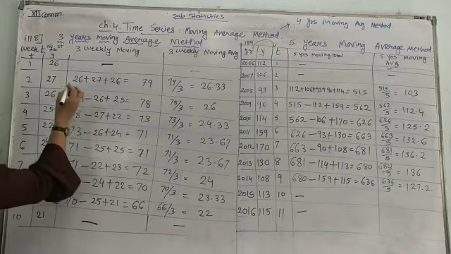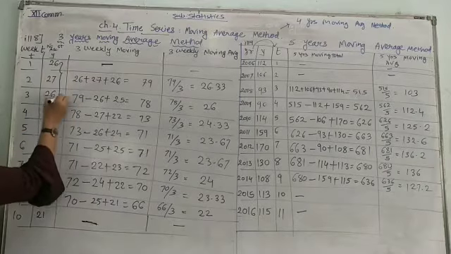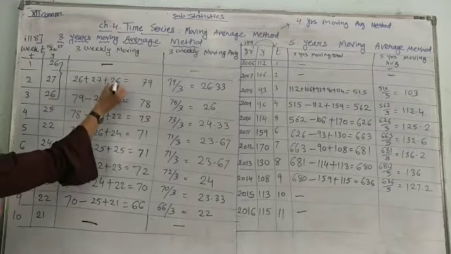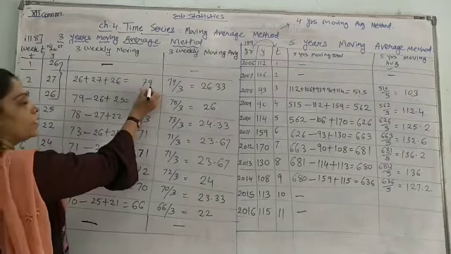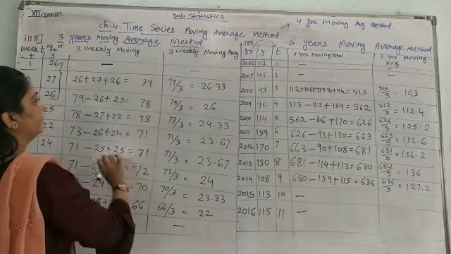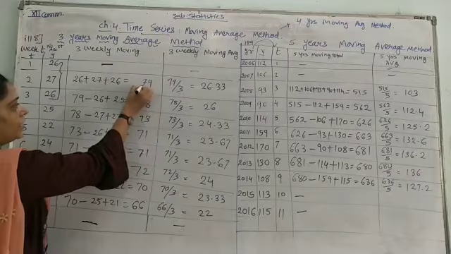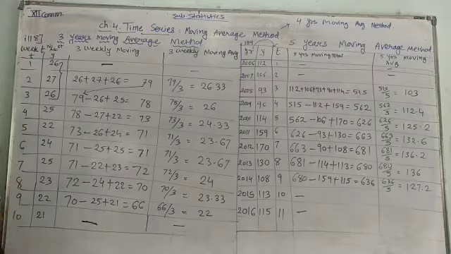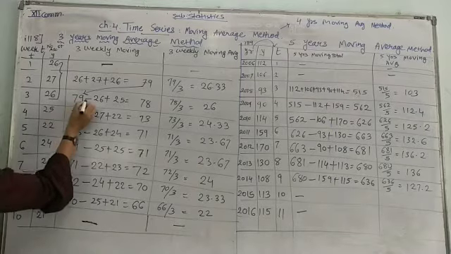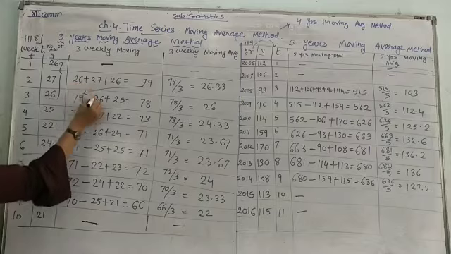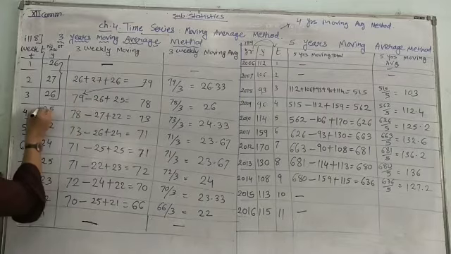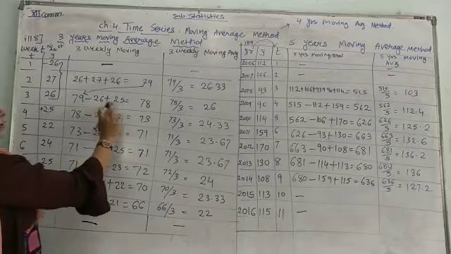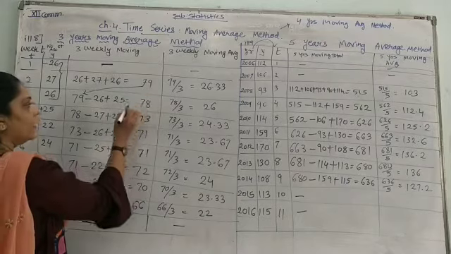Then do the summation of 3 weeks together. 26 plus 27 plus 26. So what is the answer, students? 79. Now this 79 would fall down in the second week, that is in the third week. So 79 minus 26, the first week, and plus the fourth week, that is 25. When you solve this, you will get the answer 78.